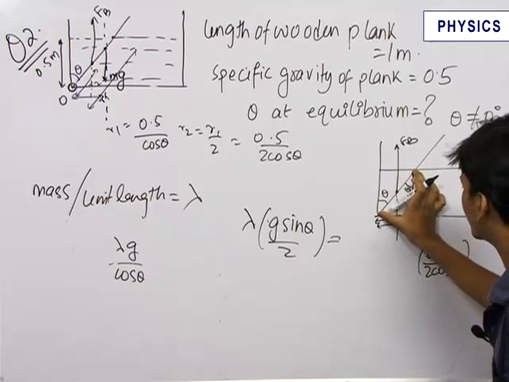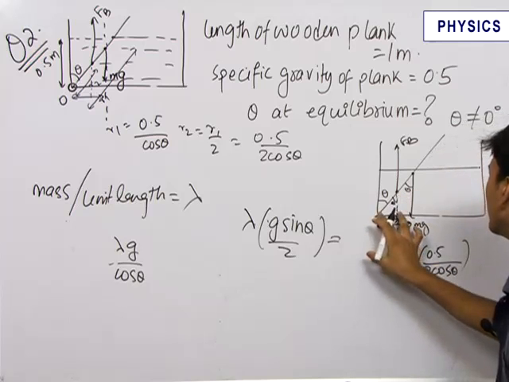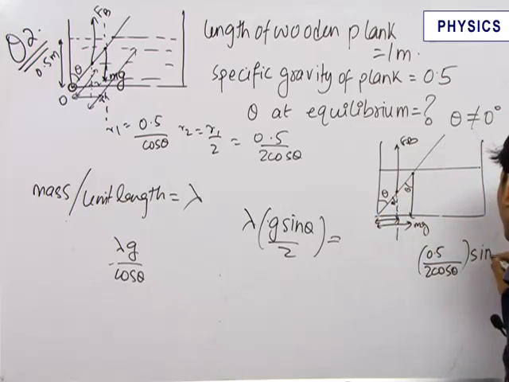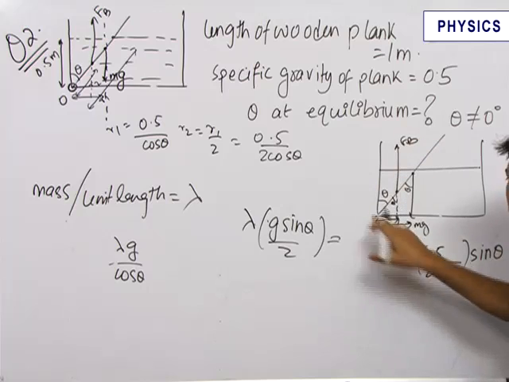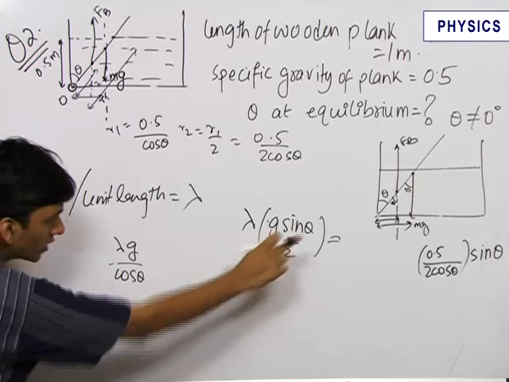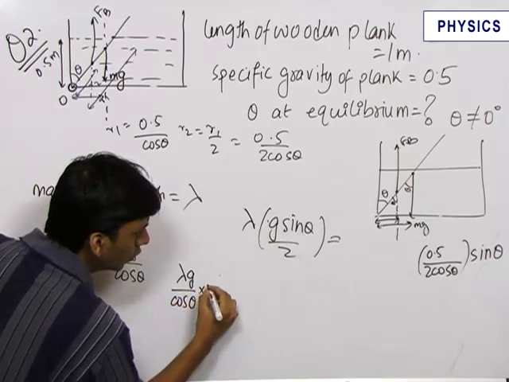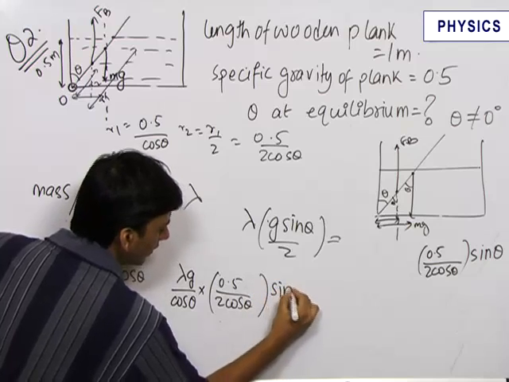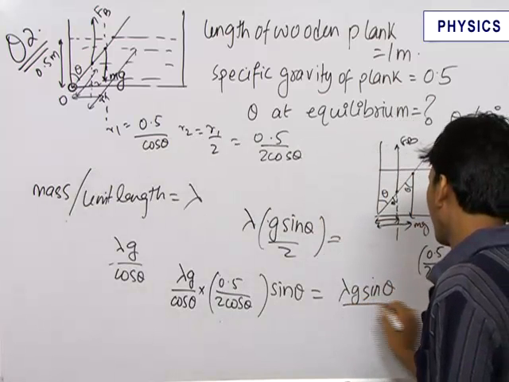This was 0.5 upon cos theta, this is 0.5 upon 2 cos theta, this angle is theta, therefore this will be this quantity into sin theta. So this is the perpendicular distance of the line of action of FB from this point. We multiply lambda g upon cos theta by that to get lambda g upon cos theta into 0.5 upon 2 cos theta into sin theta. This is equal to lambda g sin theta by 2.